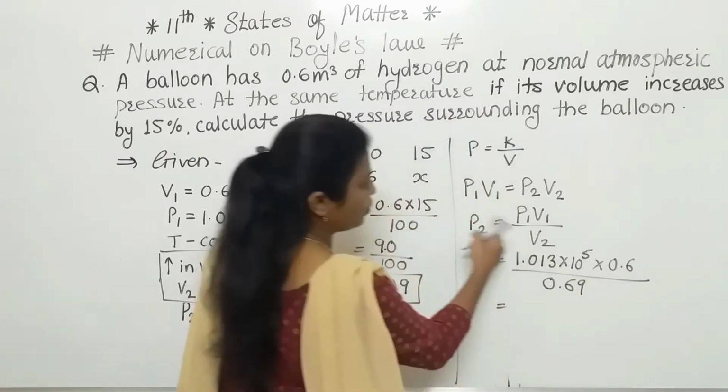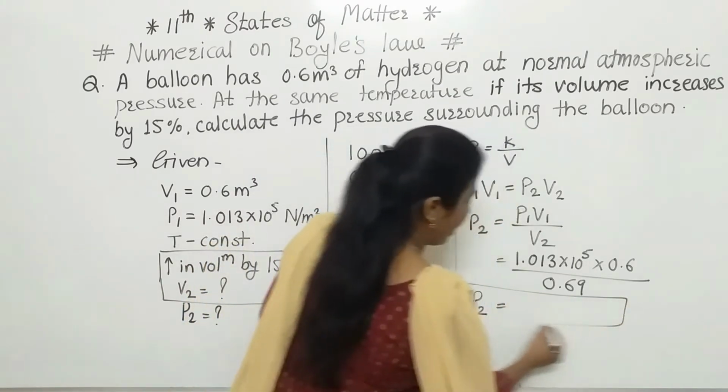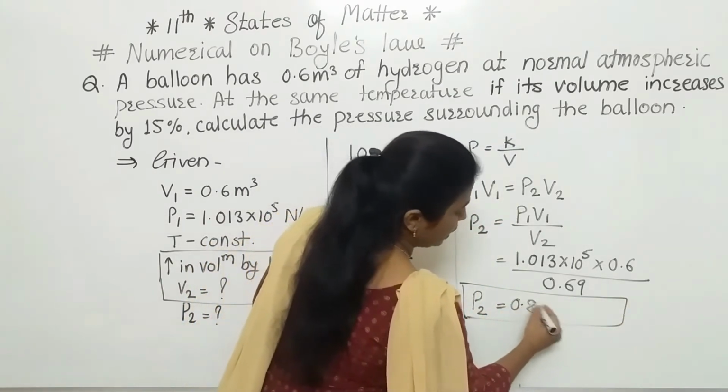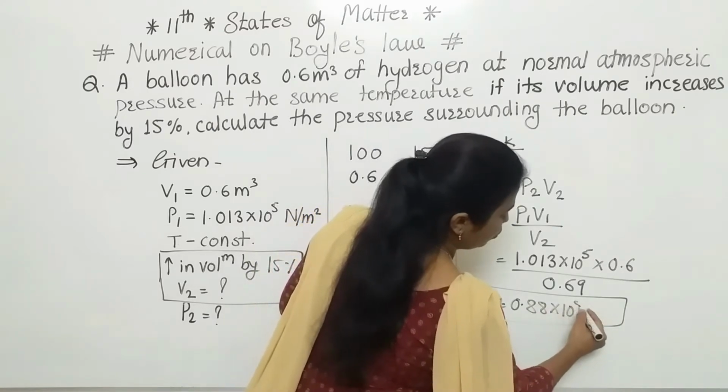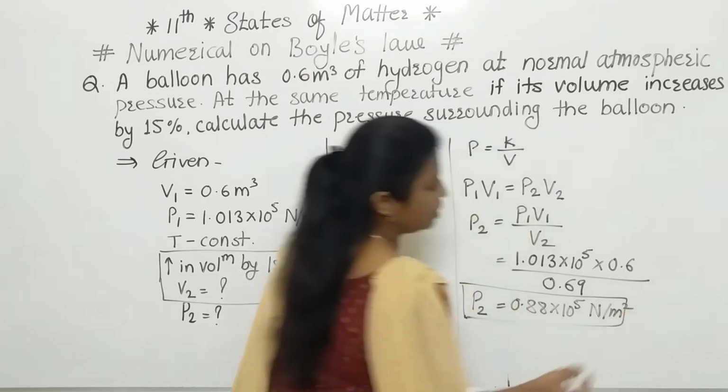So after calculation of all that, we will get the value of pressure, and that value will be 0.88 into 10 raised to 5. Unit will be Newton per meter square, as it is pressure.